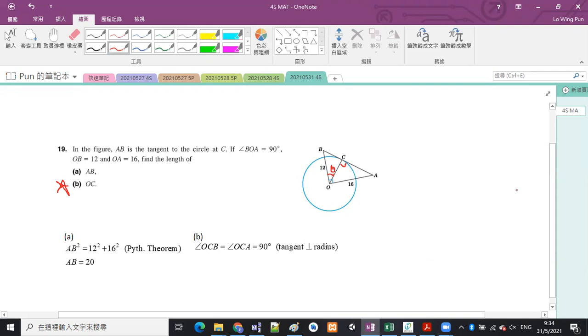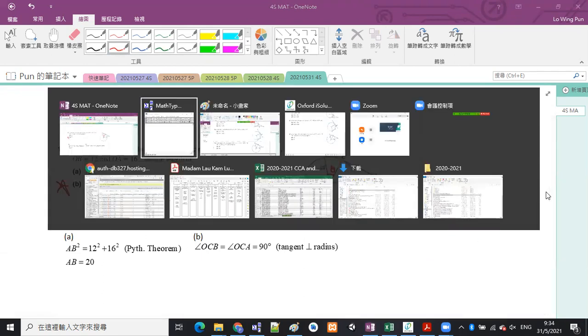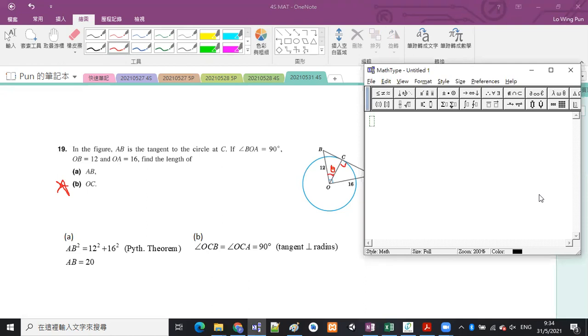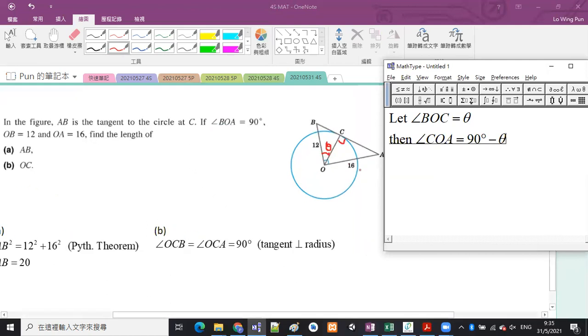I'm going to let angle BOC be theta, and then express some other angles in terms of theta. So I have let angle BOC be theta. Then obviously angle COA is equal to 90 degrees minus theta, right? COA. Can you see?